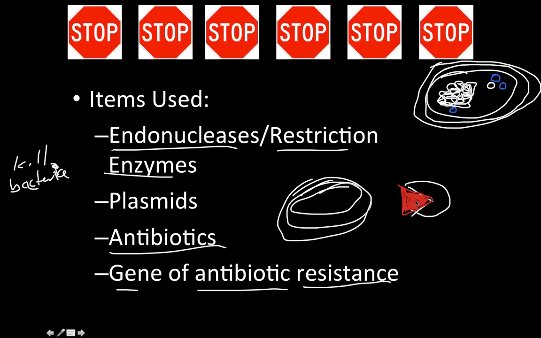If Pac-Man's mouth is closed, or full in this case, it can't eat the bacteria. So gene of antibiotic resistance allows the bacteria to fight against and make the antibiotic completely harmless.